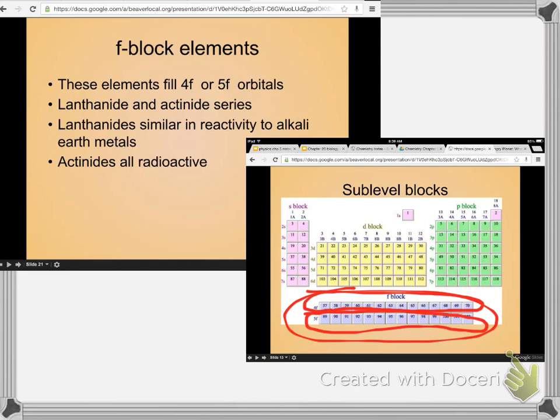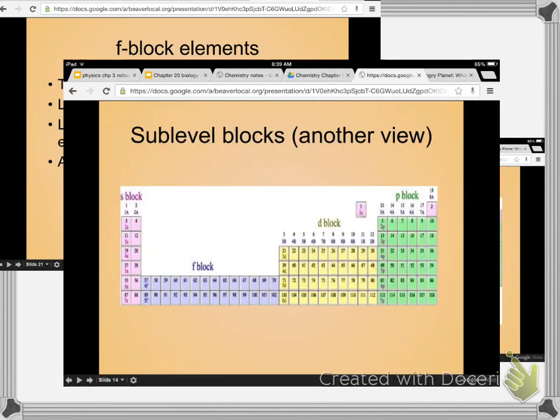Now, what is the bottom period on the periodic table? 7, right? And if we tuck these in, if we do the long view, these are filling in the 4f, because this was 6s, and remember the f block is always 2 behind.